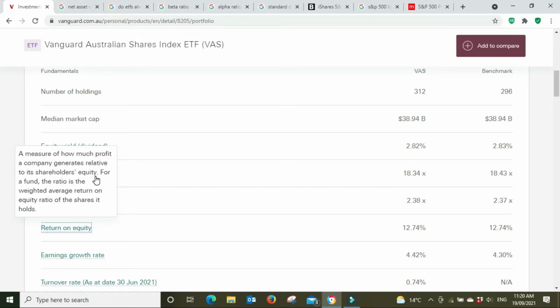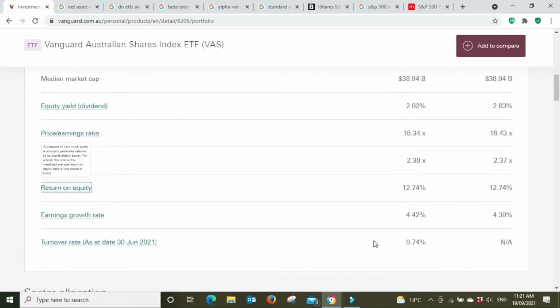So how much equity or how many shares are on issue, that would give you a figure. Say that's 100 million. And if the company's made a profit of 12.74 million and the equity is 100 million, that means you've got a return on equity of 12.74%, which is quite good. Earnings growth rate is basically how much earnings are growing.